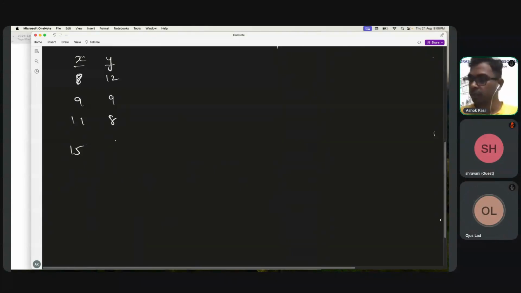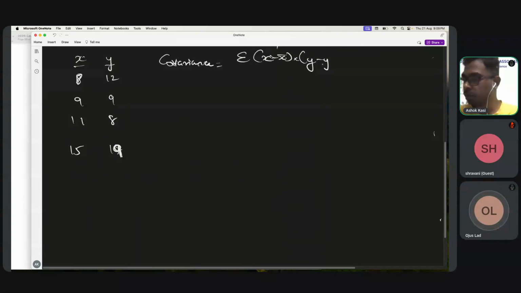Then when x is 15, y is 19. Now the formula for covariance is equal to summation of (x minus x bar) into (y minus y bar) divided by n minus 1.